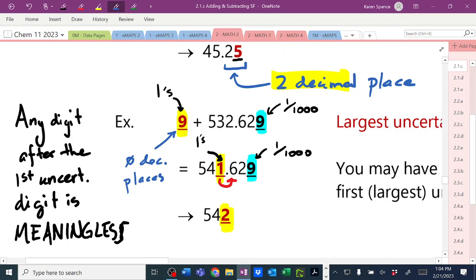In the 532.629, there are 3 decimal places. So our answer should have the smaller number of decimal places, which is 0 decimal places. Did it work? Does our answer have 0 decimal places? Yes, it does, because there is nothing after the decimal here. You can see no decimal places.